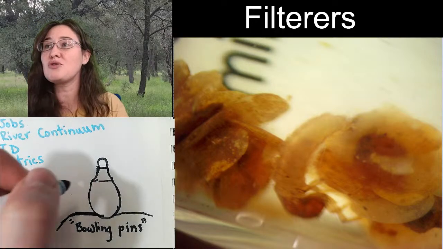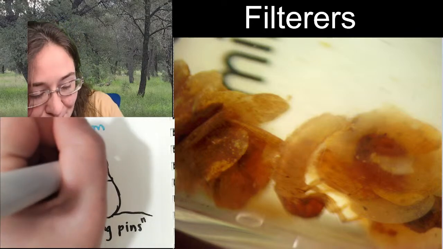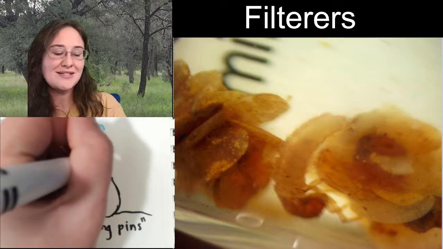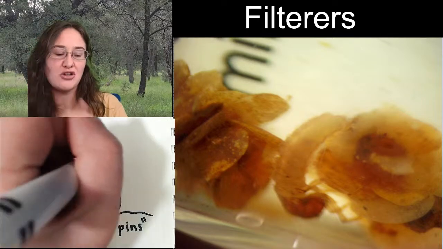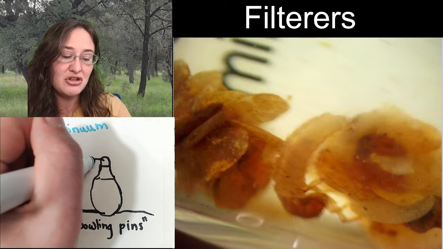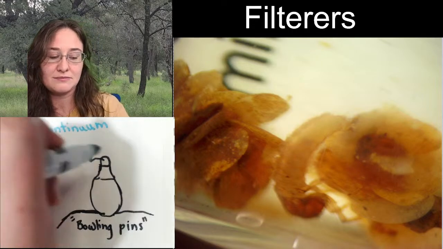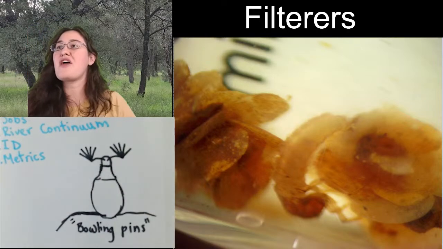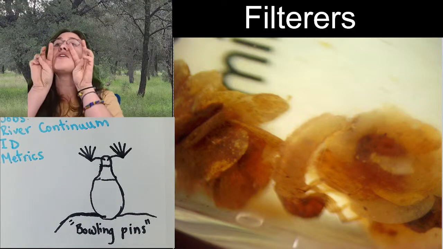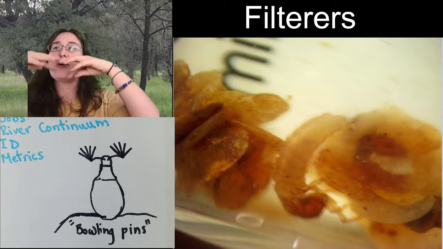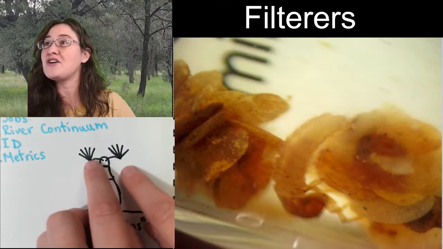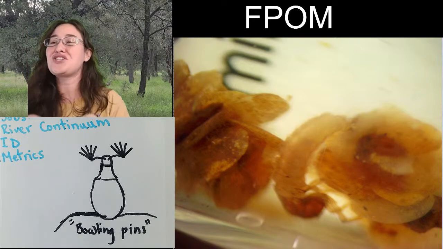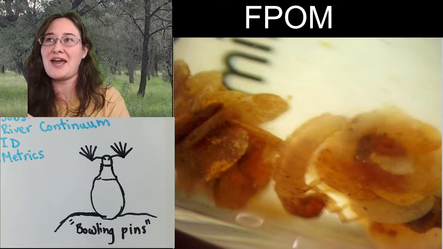But the really cool thing is that up on the top of their heads, they have what we call labial fins. So instead of having labial palps, those mouth fingers, they are adapted to look more like this. They open and close in the water, and they fan out and filter all of the FPOM, which is the fine particulate organic material.